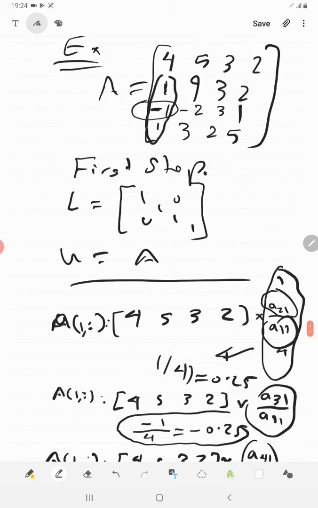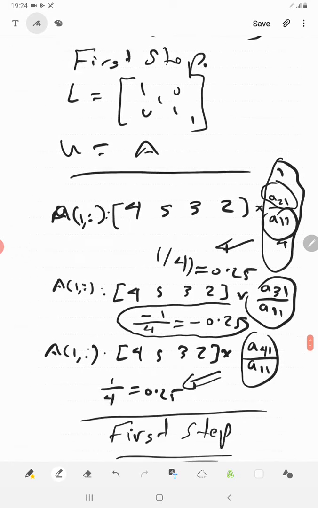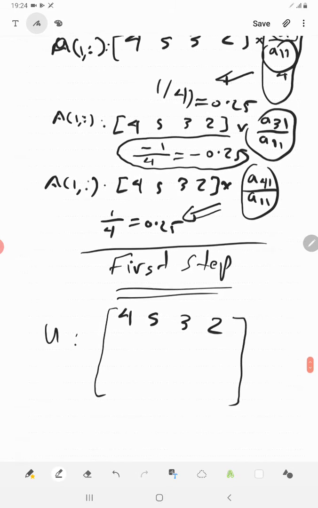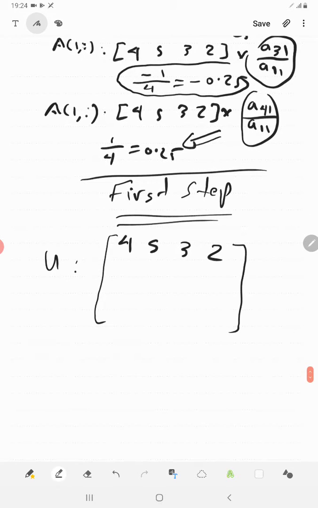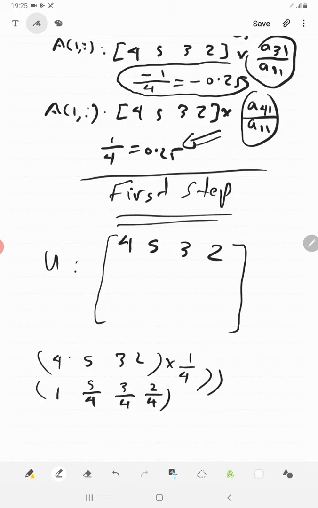Now we multiply the first row. How do we get to this row here? We take the first row, 4, 5, 3, 2. If we multiply this times 1 over 4, we get 1, 5 over 4, 3 over 4, 2 over 4. Okay? We get to that.